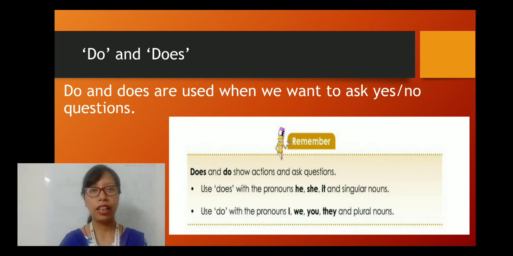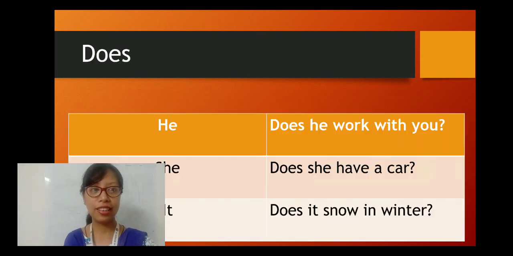So in the same way, we use does with he, she and it, and do with I, we, you and they, which are plurals. We and they are plurals, but only with I and you we use do. Now with the singular nouns we use does, and plural nouns we use do, except I and you. Clear? Let us discuss the sentences now.